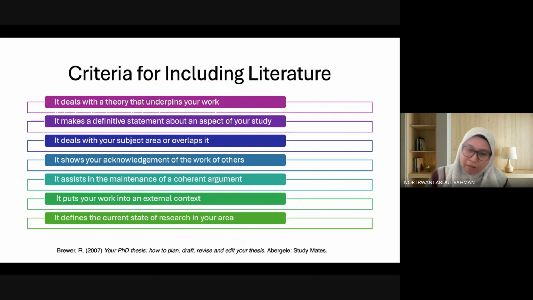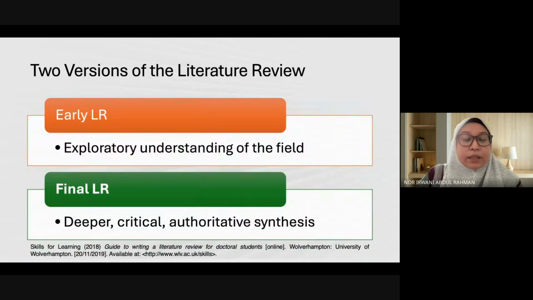Entering this chapter is about research, what we call the body of knowledge. Some of my friends start with the early literature before they explore further in defining the problem statement.